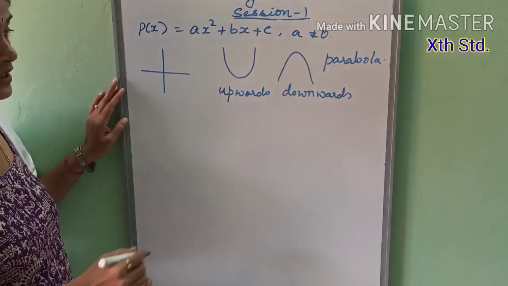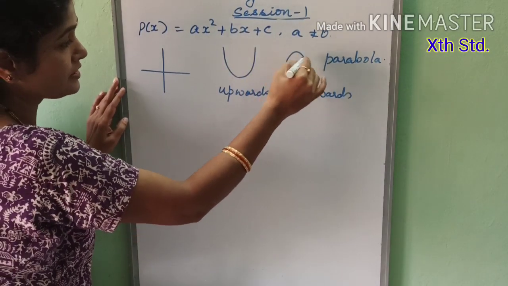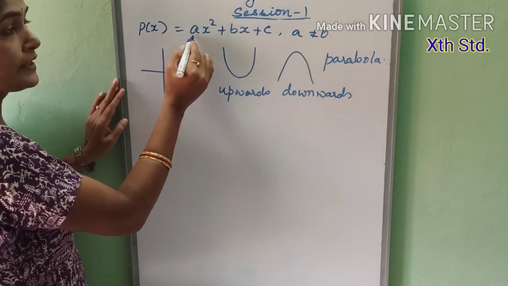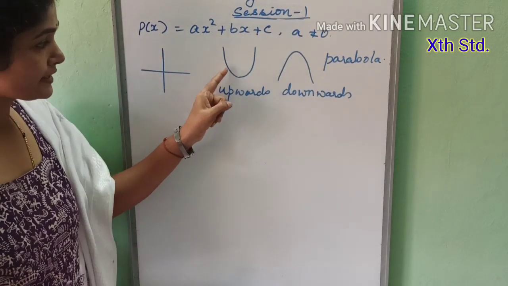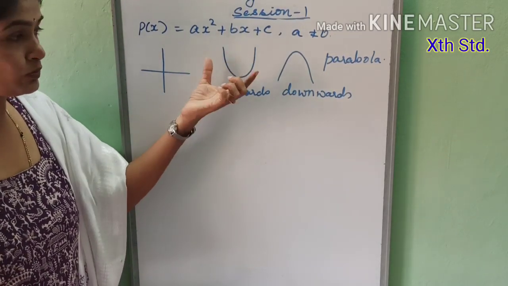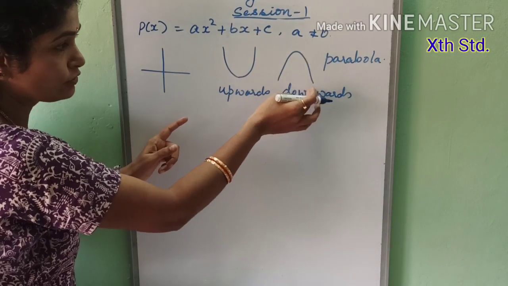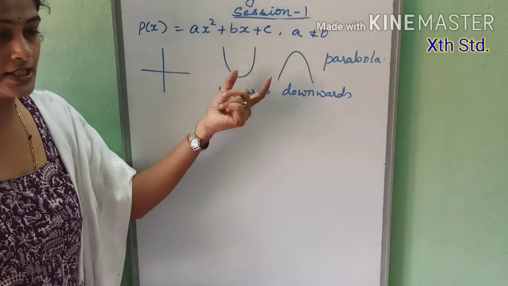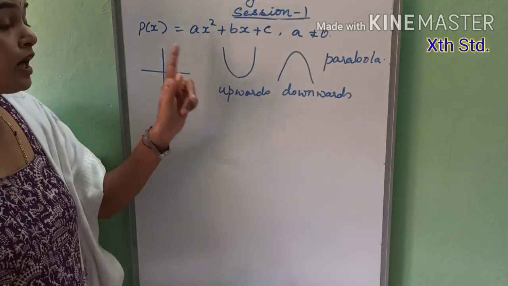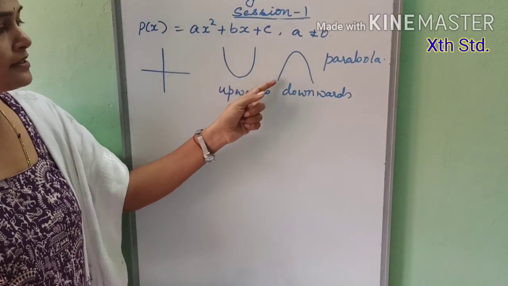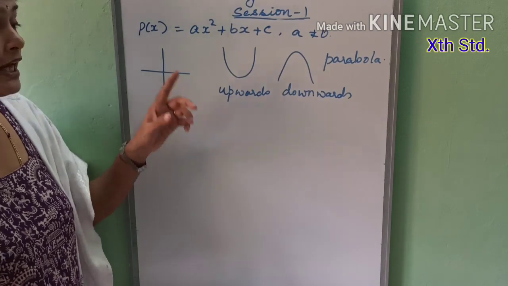Whether the curve is upward or downward depends upon the coefficient of x square. Sometimes the graph looks like a U opened upward, or a U opened downward. Those curves are called parabolas.